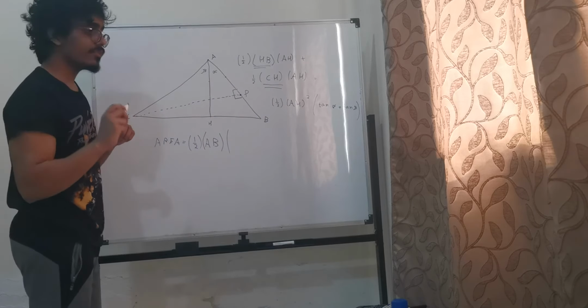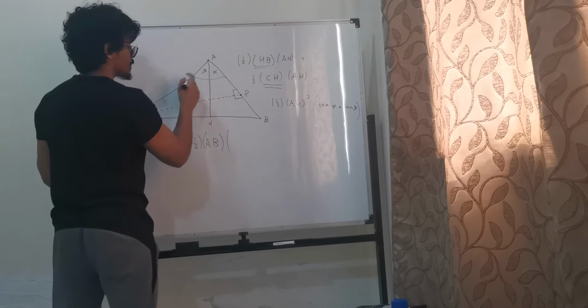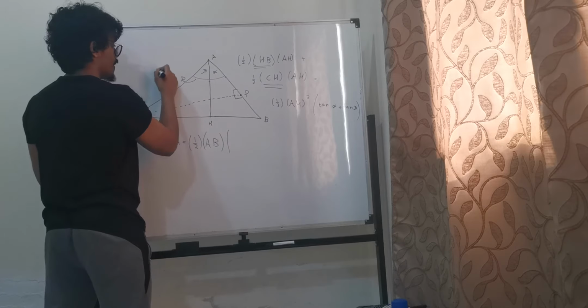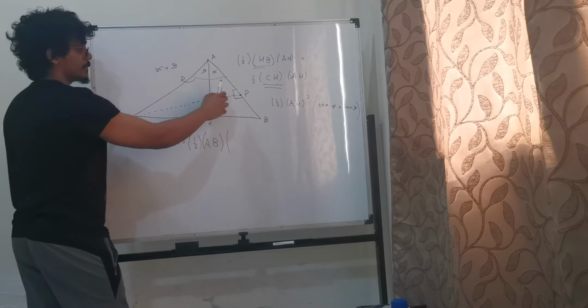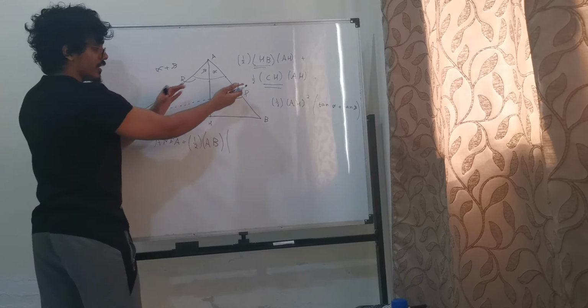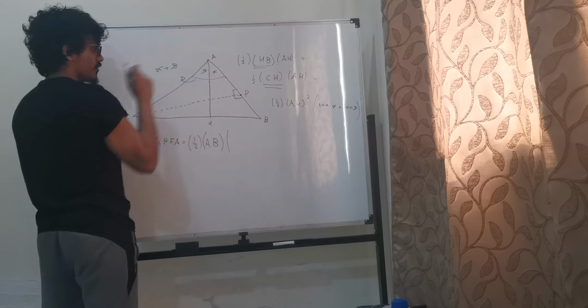In this case, theta will be this whole angle, which is alpha plus beta, because this is a right angle, a right triangle, where this is the hypotenuse.